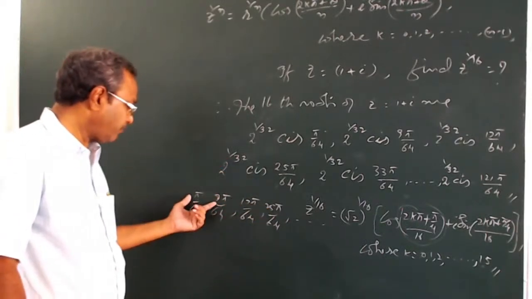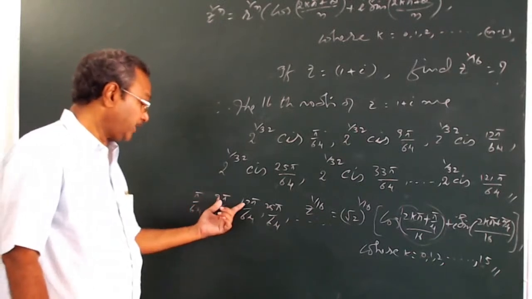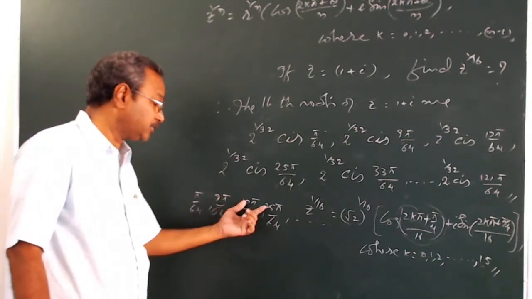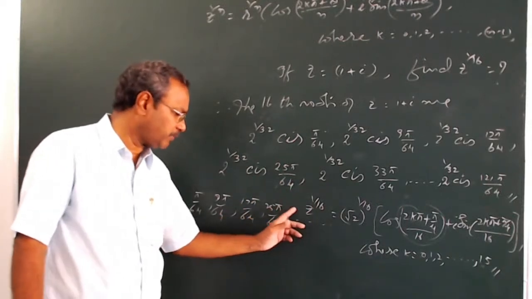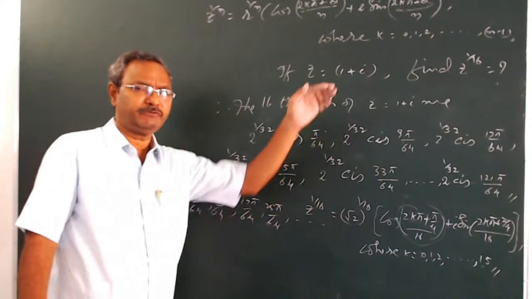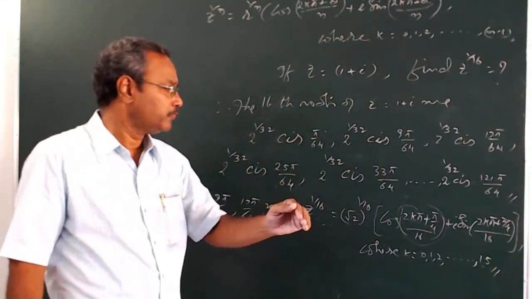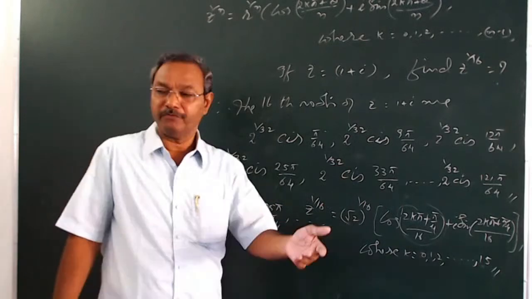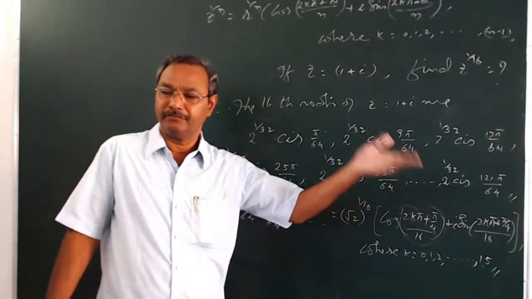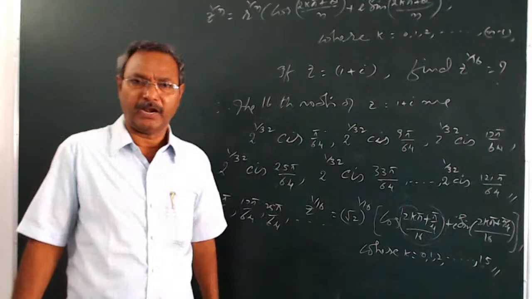The difference of 1 and 9 is 8. The difference of 17 and 9 is 8. The difference of 25 and 17 is 8. So what will be the next one? 25 plus 8, 33. What will be the next one? 33 plus 8, 41. The next one is 49. Likewise, we can find all those.